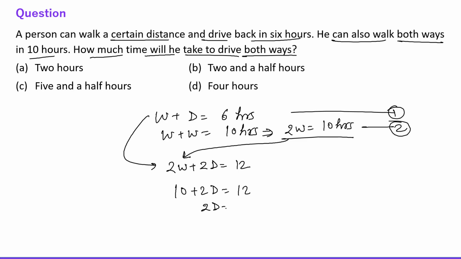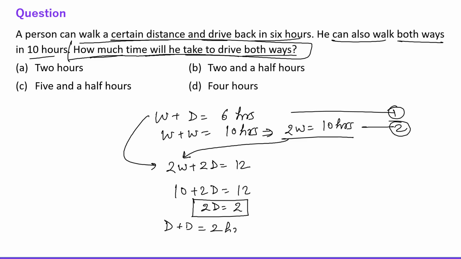So 2D is equal to 2, right? What they are asking, how much time will he take to drive both ways? So obviously we need to find 2D, right? We need to find D plus D. So obviously it is 2 hours, right everyone? The answer is 2 hours. Okay, the correct answer is 2 hours, right? So this is the correct one.